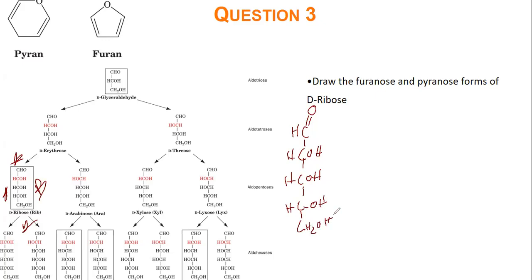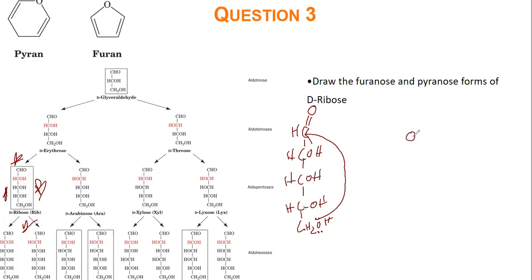Okay, I'm going to draw the 6-membered ring first. 6-membered ring means the OH on the very bottom attacks. Bam. And so what you get then is, yeah, they're all pointing in the same direction.